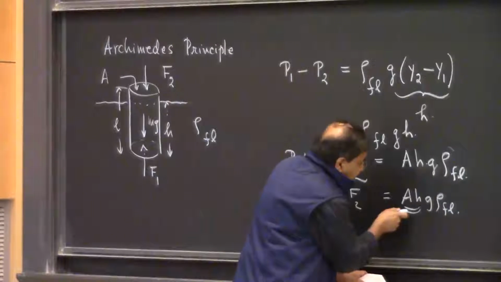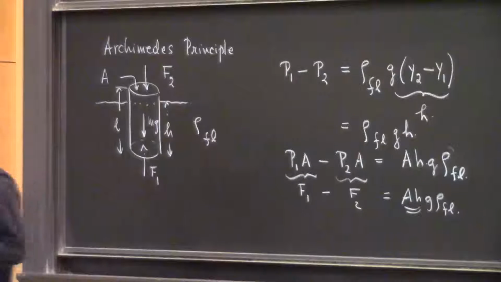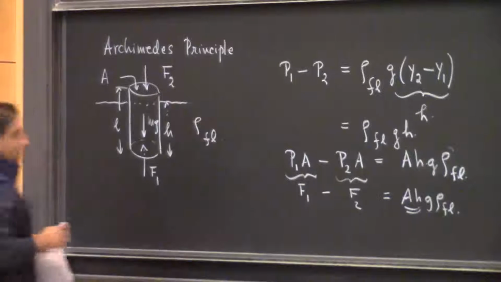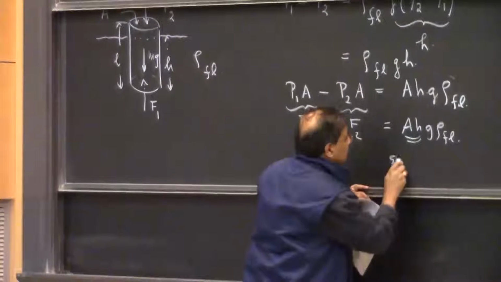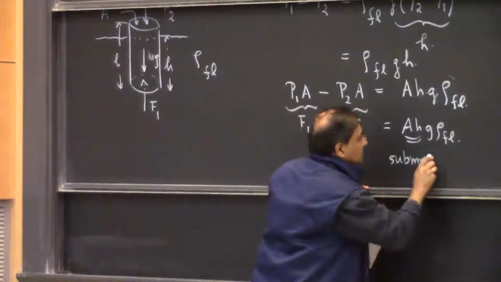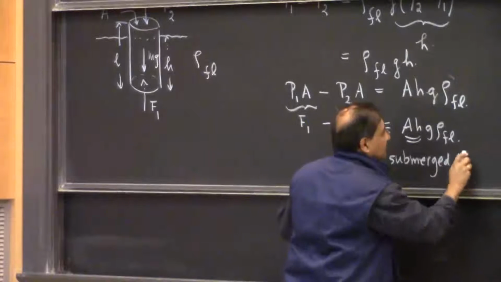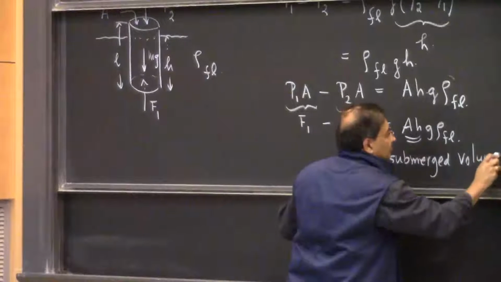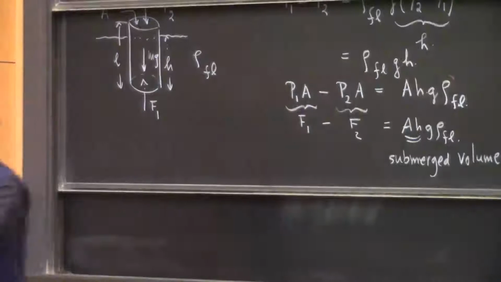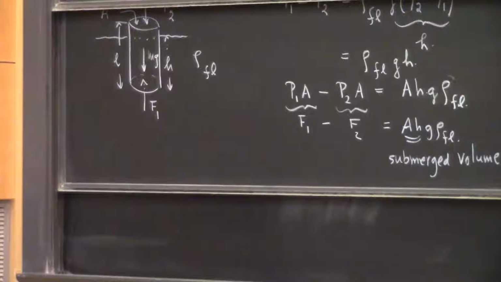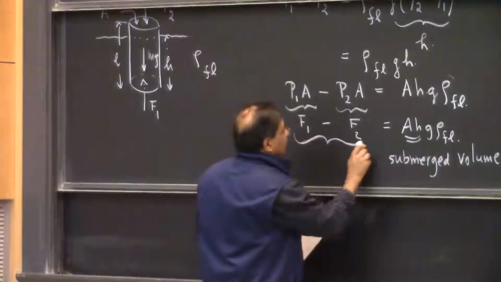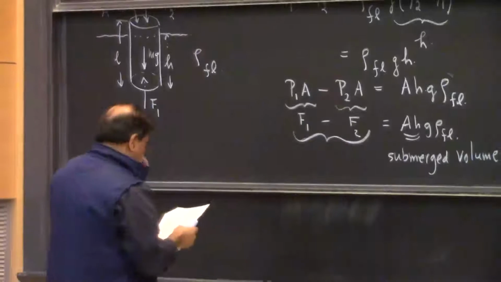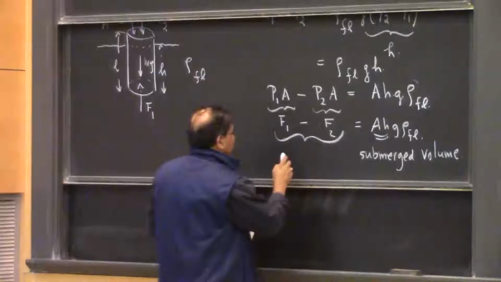Now AH, you see, is the submerged volume, right? Because if you look at it, H is the part that is under. So this is the submerged volume. And this whole quantity on the left side, F1 minus F2, is defined as FB.